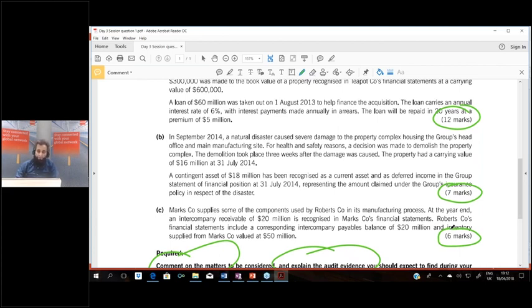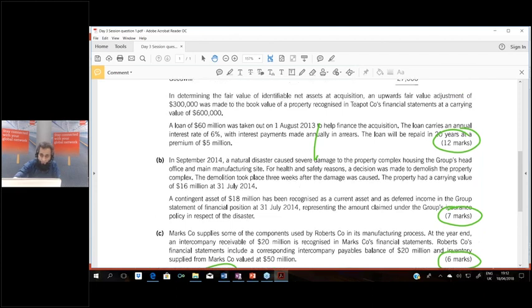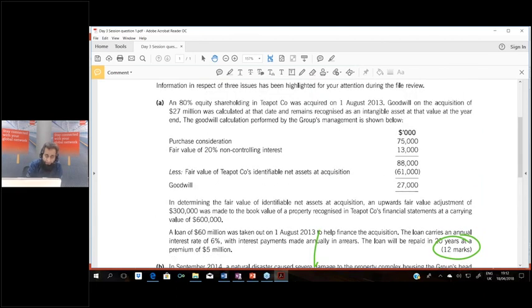Now, please be realistic. Examiner is saying that you have 12 marks for the part A, and you have to write matters and evidence in the working paper file. How will you utilize the 12 marks?